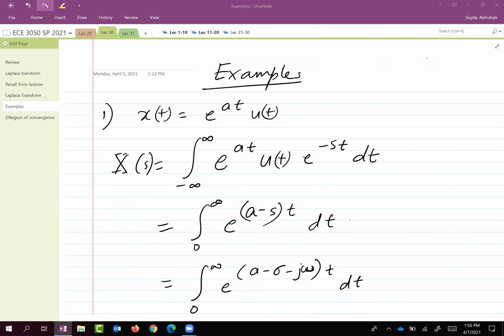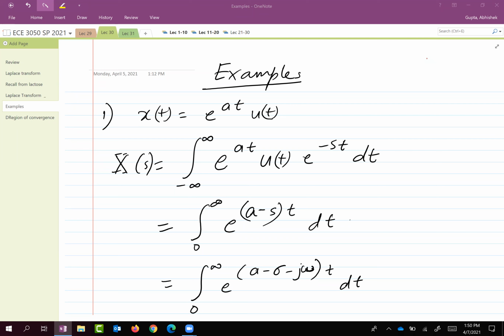So in the previous lecture, we were talking about Laplace transform. We motivated the discussion by stating that for many signals, particularly signals that are growing exponentially, you cannot really take Fourier transform because they are not integrable signals.